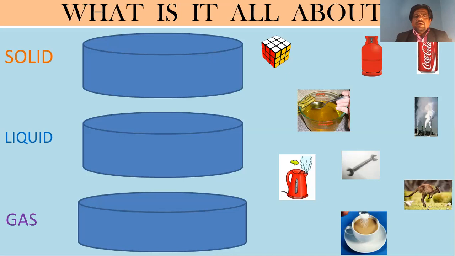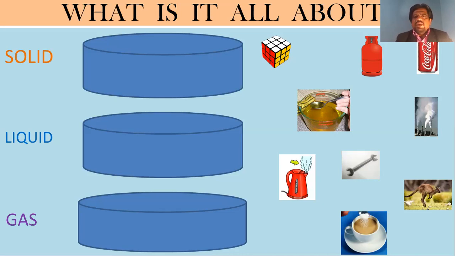From this, you will come to know that any substance, whatever we find in this universe, could be put into any one of these 3 states of matter. As you see here, 3 boxes or 3 cylinders.